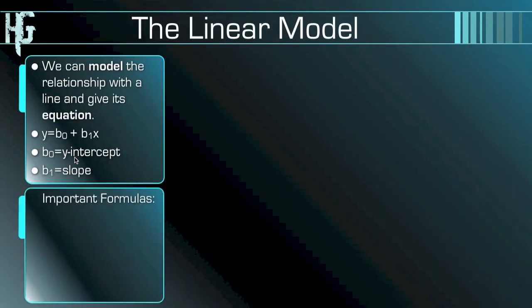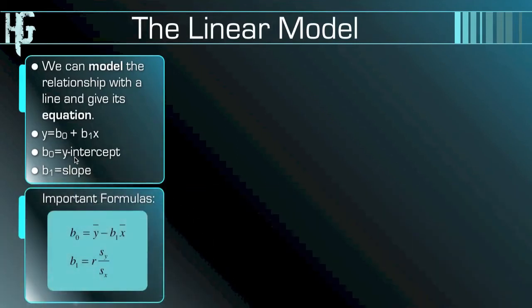The next thing is those formulas that I said most people forget. Here they are. My y-intercept is equal to the average of the y's minus the slope times the average of the x's. Something that you'll want to note. This is probably not written out verbatim anywhere, but one point that will always exist on your least squares regression line is the point x bar comma y bar.